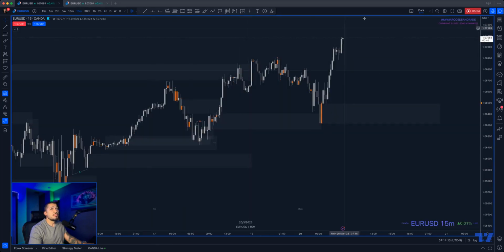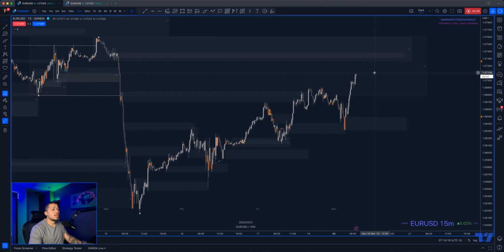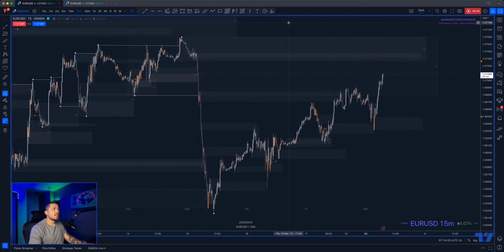On the 15 minute, we can still see very clear, right? We had this huge push, and right now we are making these internal highs.